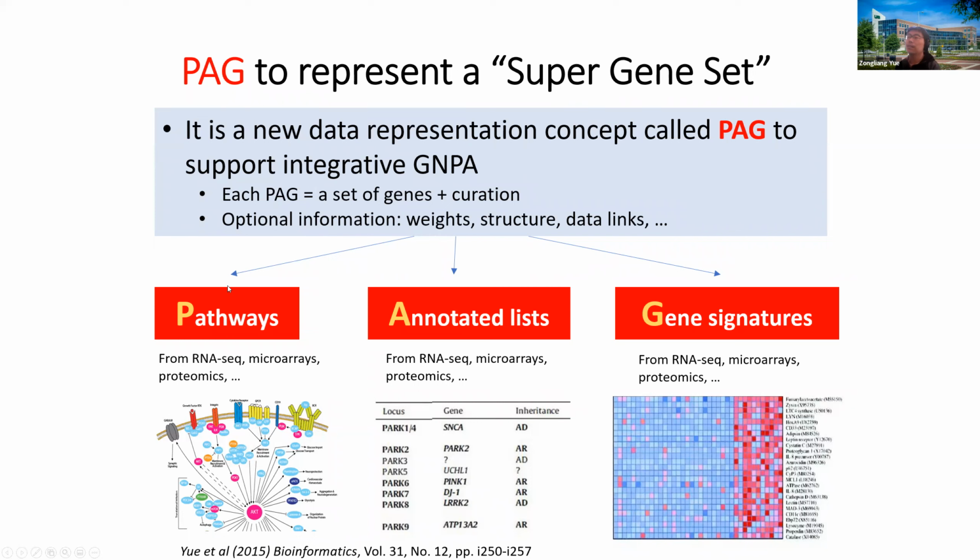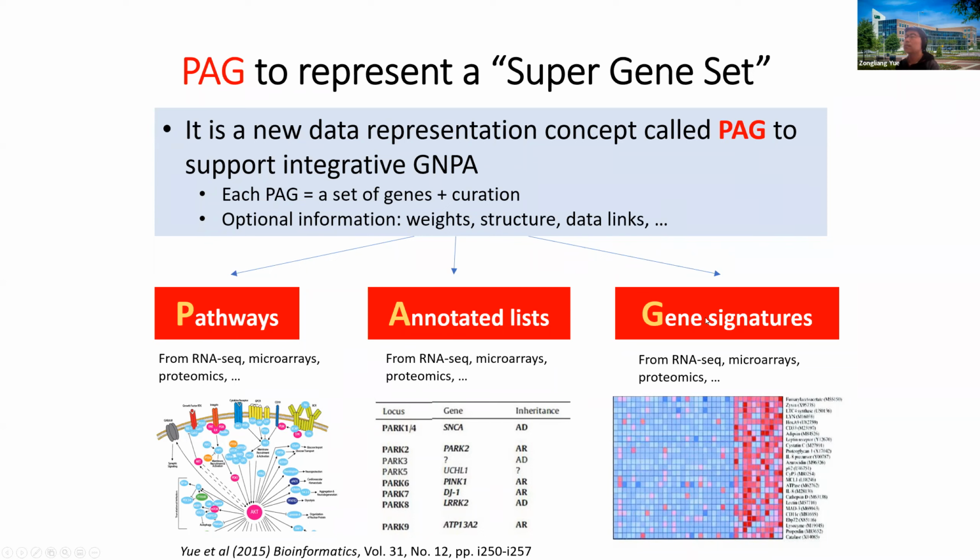So the P stands for pathway. At the pathway level, we can infer from RNA-seq data, microarray data, and proteomic data, and give the gene network structure. The annotated genes, that is the A here, also come from RNA-seq data, but have a biological curation to say they have some indication in a disease or are related to a specific biological condition.